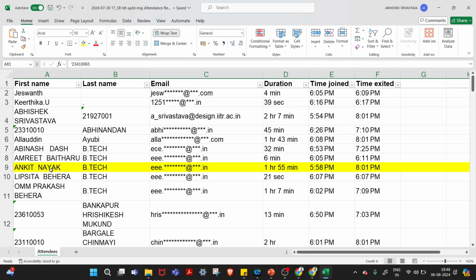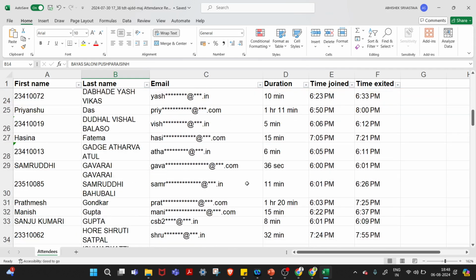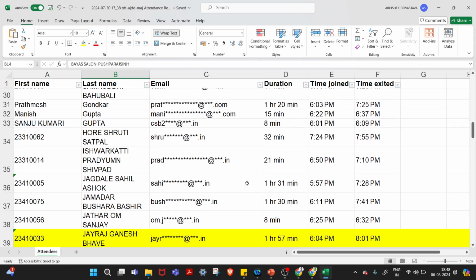So in the previous session, it was Ankit Nayak who stayed for quite a long while. Alauddin Ayubi was also there for more than 1.5 hours. Then we have Saloni Pushparaj Singh, who stayed for quite a long time. And Sahil Ashok was also there.